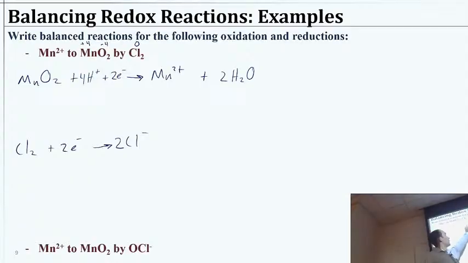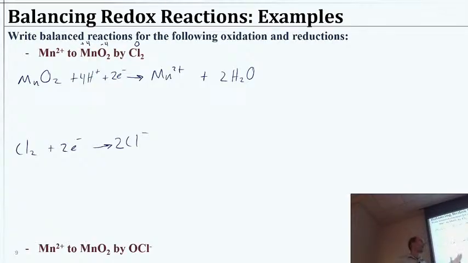Then, if you noticed while I was writing this up, I went ahead and just put Mn2+ on the right, and I left myself some space in case I needed to add stuff. Then I went to think about chlorine, and I said, okay, we've got Cl2 here, and that's probably the oxidant version. If you recognize chlorine, well, chloride is a happy state.